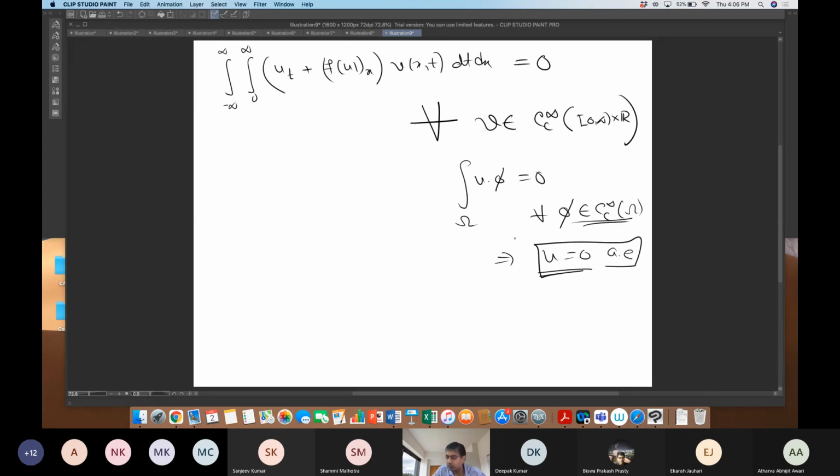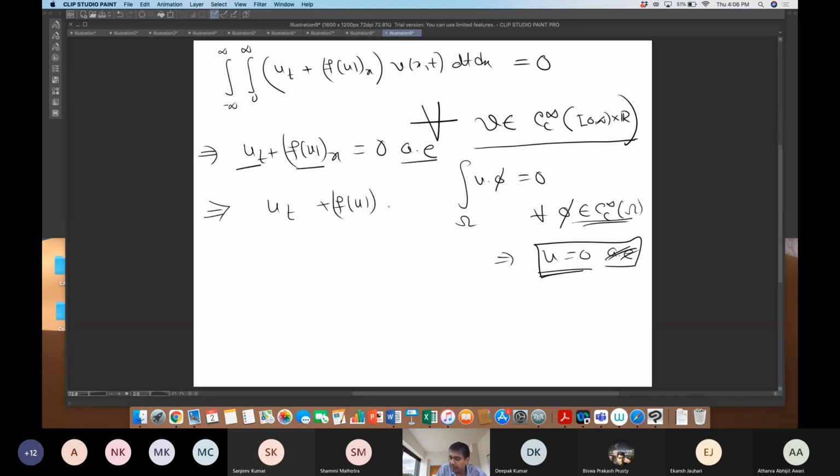So u_t + f(u)_x equals 0 almost everywhere. But we know that u, f(u), everything is continuous. This implies u_t + f(u)_x equals 0 for all x and t. So this implies u is a classical solution.